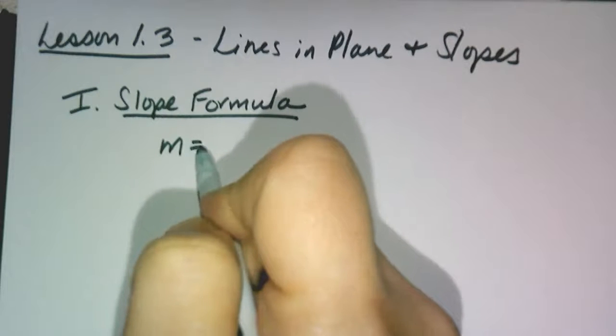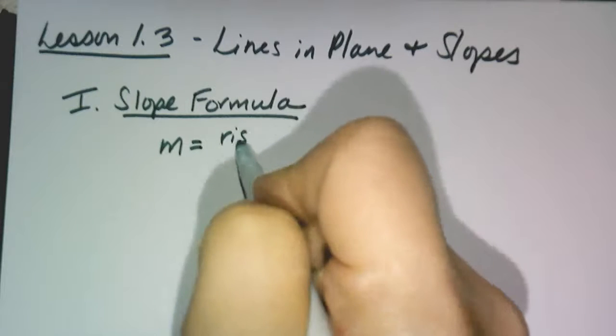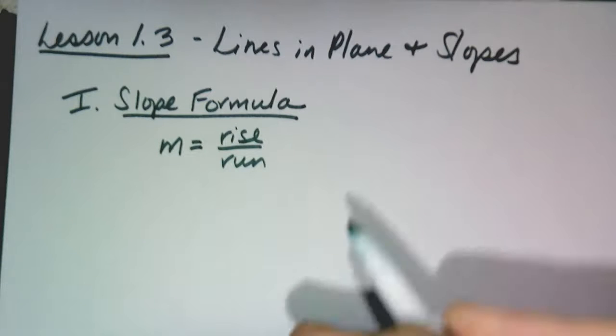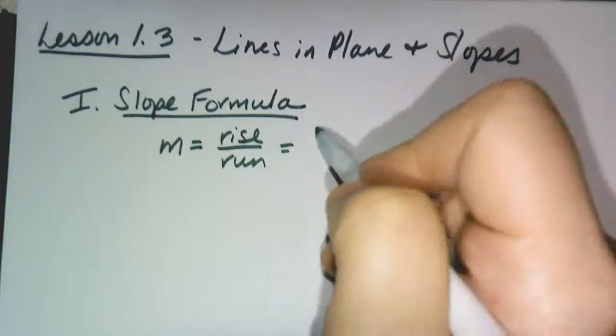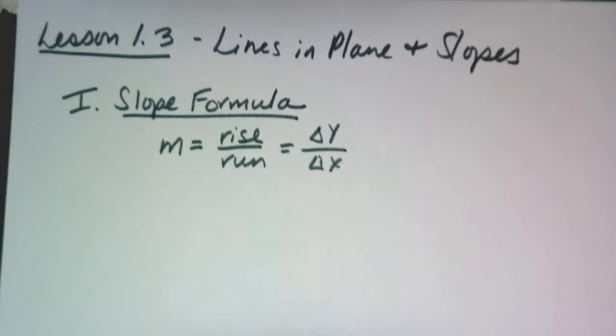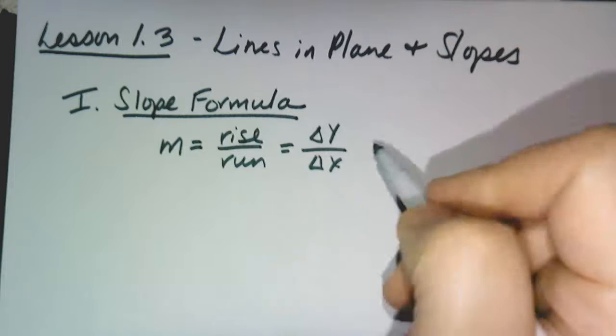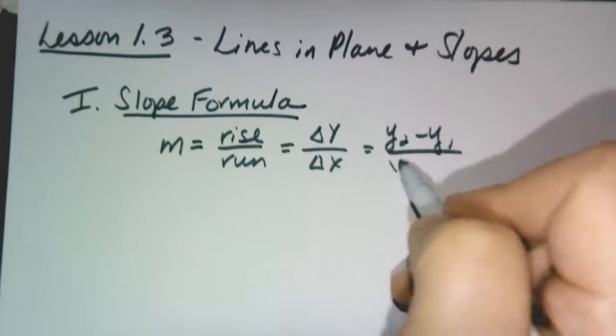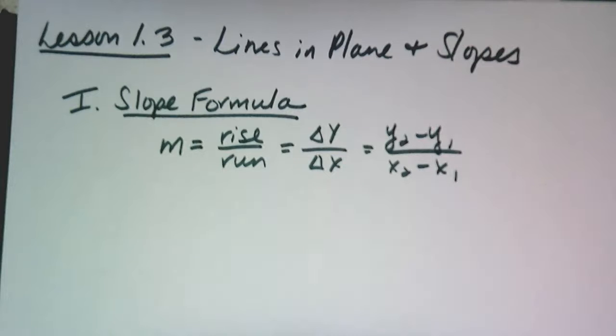Slope is equal to your rise over run, which you've all heard of before. It's equal to your delta y over delta x, which means your change in y over your change in x. But you should be more familiar with the formula y2 minus y1 over x2 minus x1. Okay, so that is your slope formula.